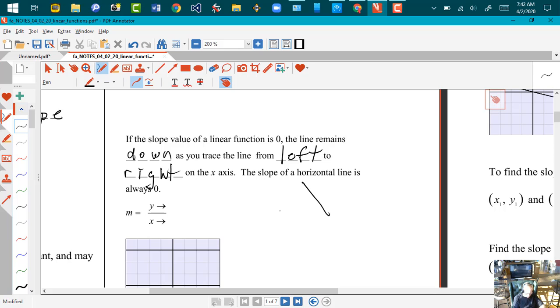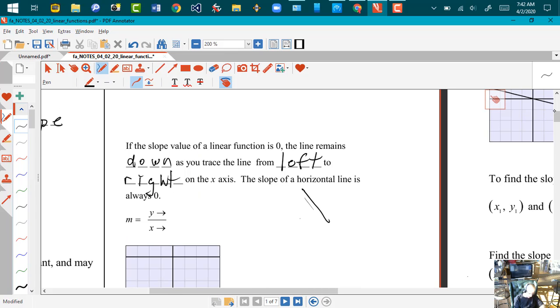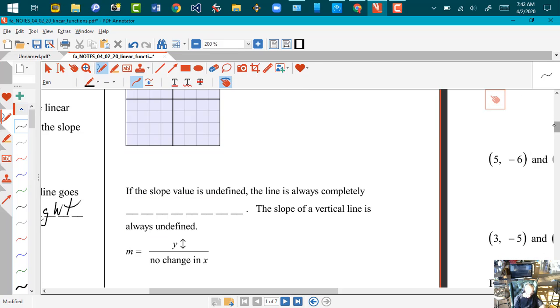So as you move down, the slope is going to be negative. All right, and then a couple special cases are the slope of a horizontal line. It's always 0, because no matter how much you change x, the change in y is always going to be 0, because it doesn't change. And if the slope is undefined, it means you have a perfectly vertical line.